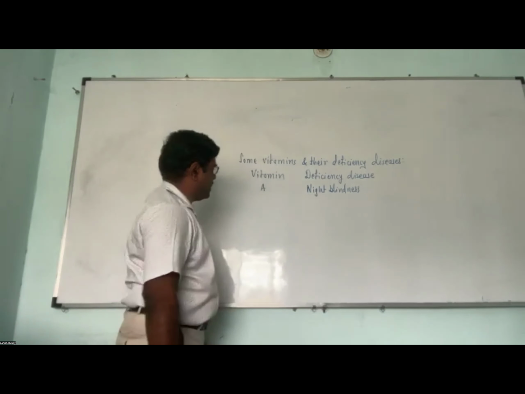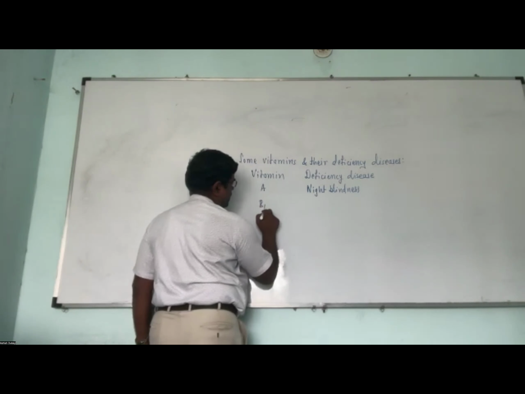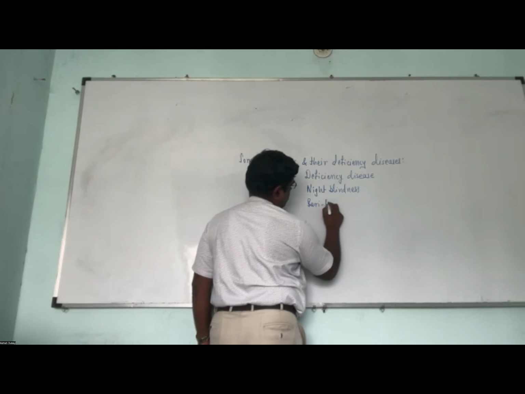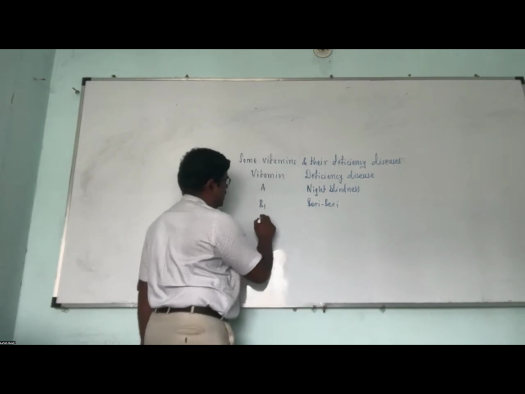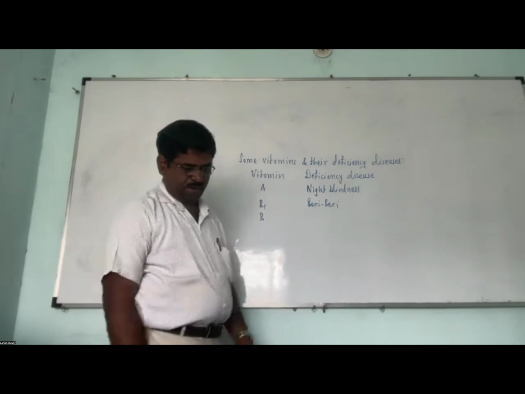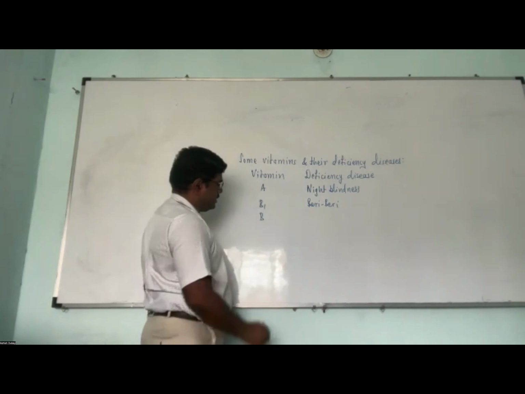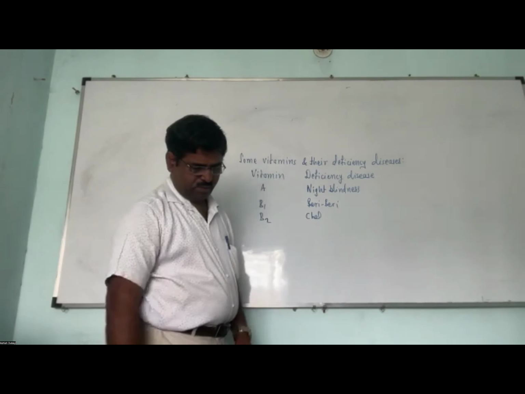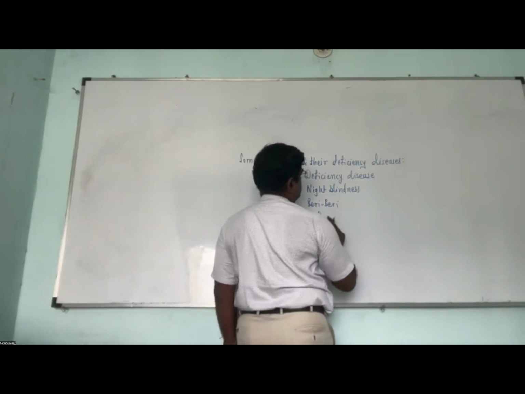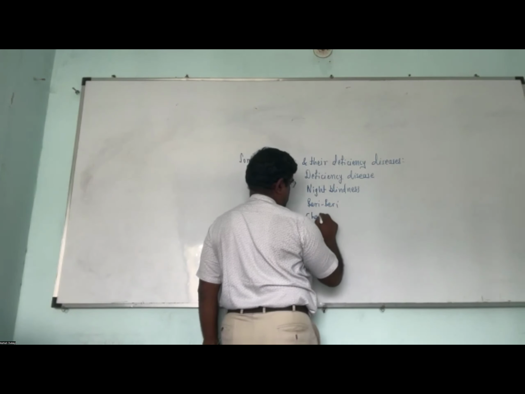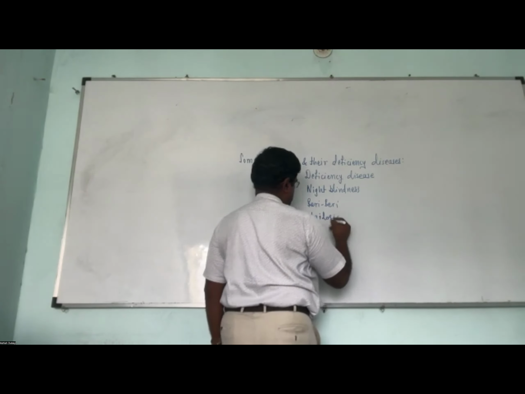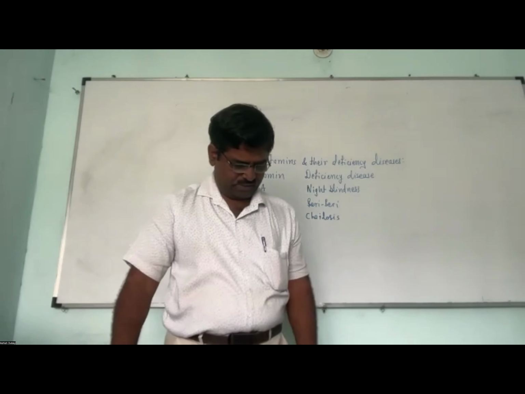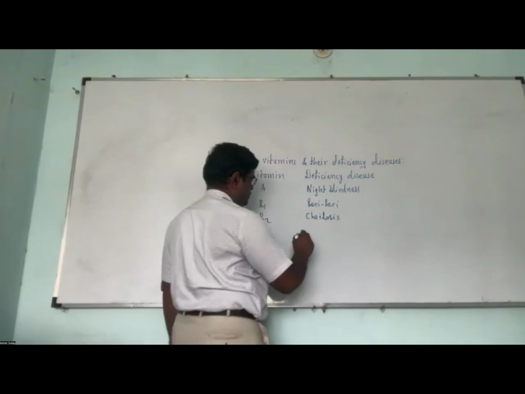Vitamin B1 deficiency causes beriberi. Vitamin B2 causes cirrhosis. The vitamin B6 deficiency causes convulsions.